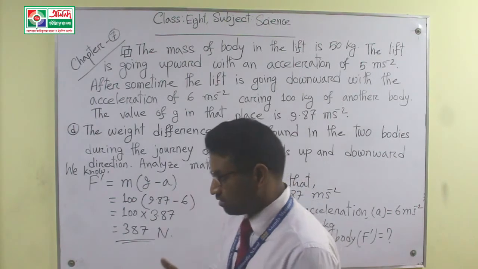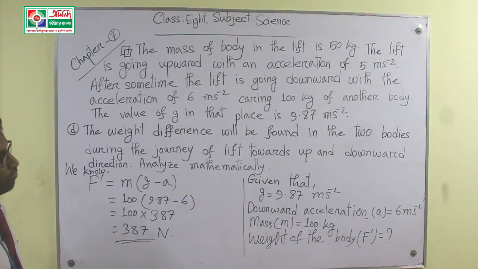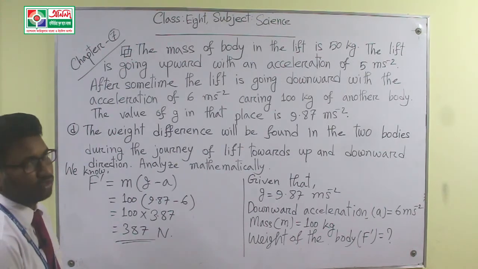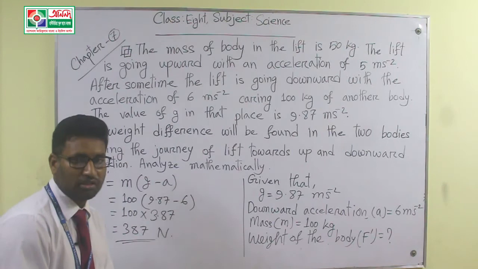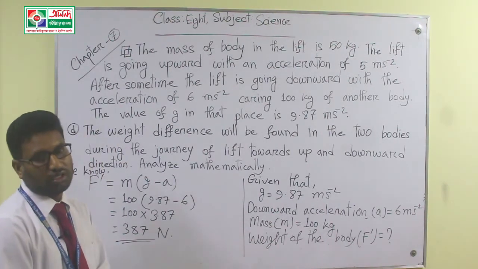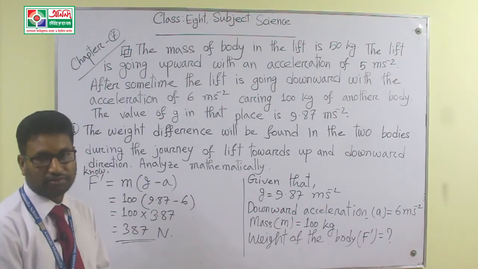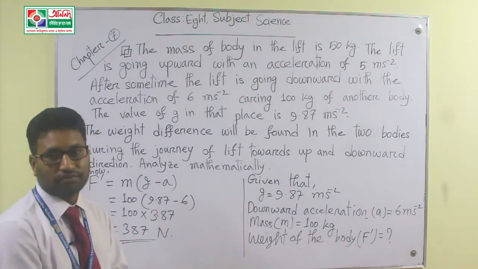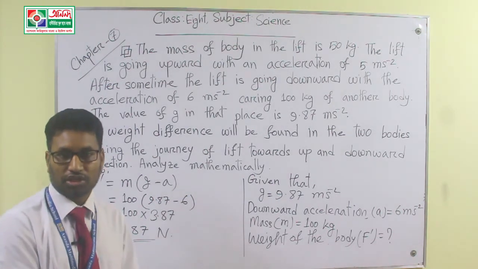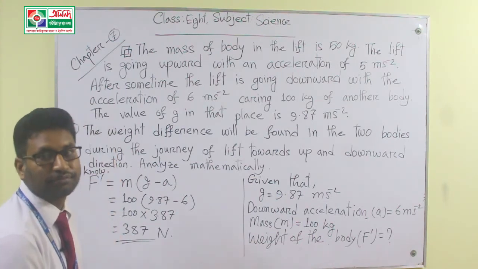So we can write that the weight difference will be found in two cases, when the lift is in the downward direction and when the lift is in the upward direction. So this line is correct, and this is the mathematical solution of this question's answer.